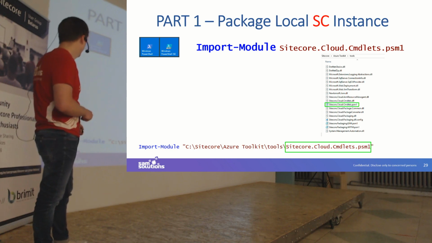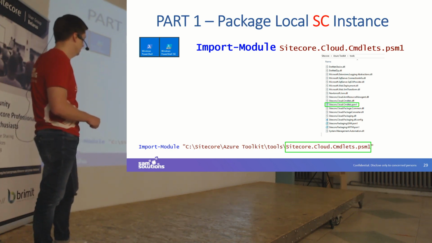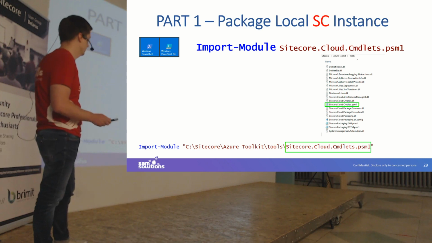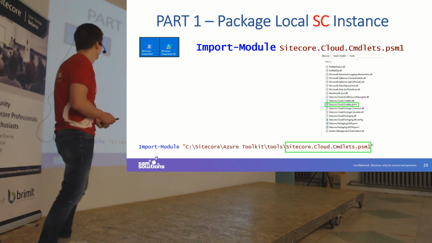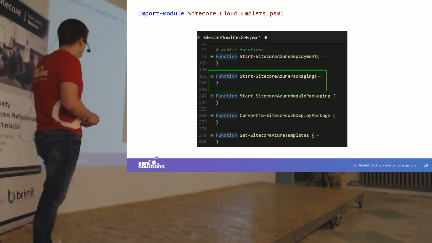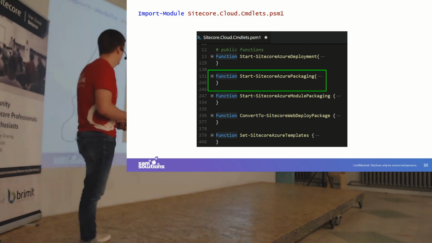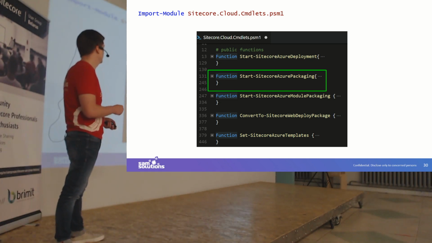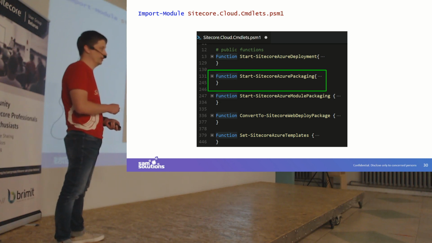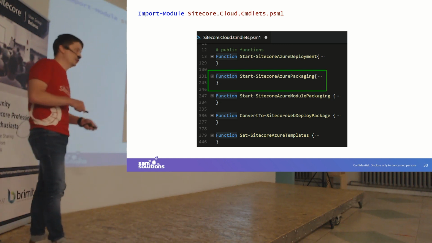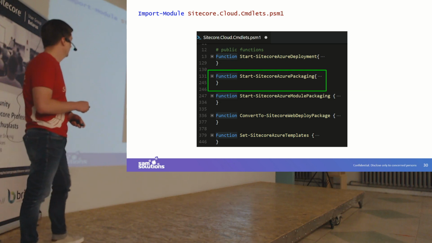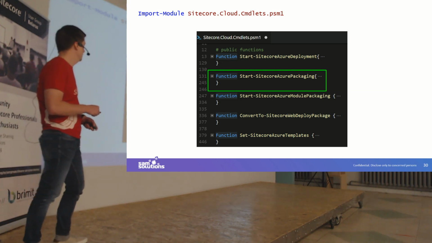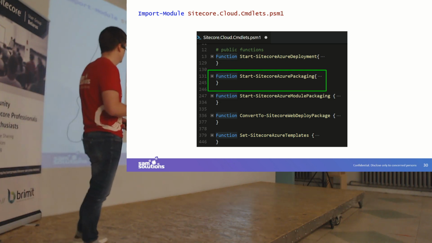In my case, I have a real path for that. So pretty easy. Here on the screen, you see the main functions inside this PowerShell module shipped with Azure Toolkit. And for right now, we just need this one, Start-SitecoreAzurePackaging.